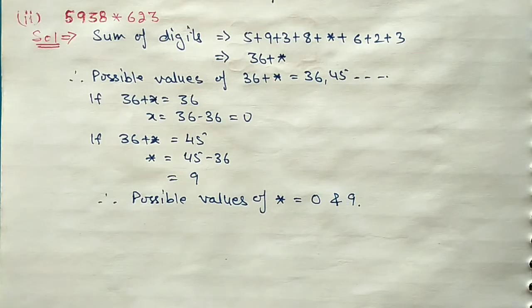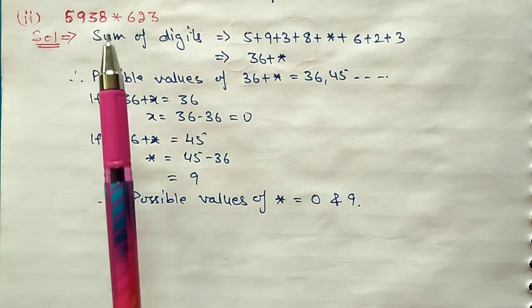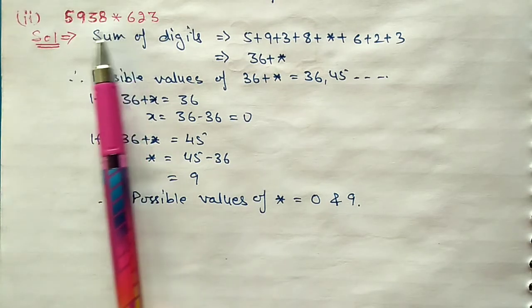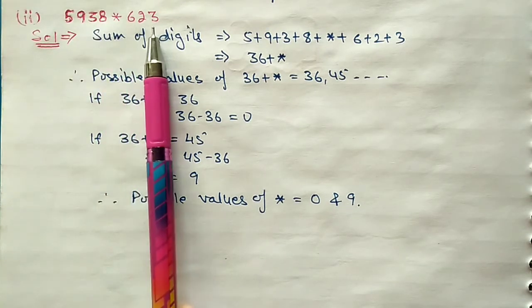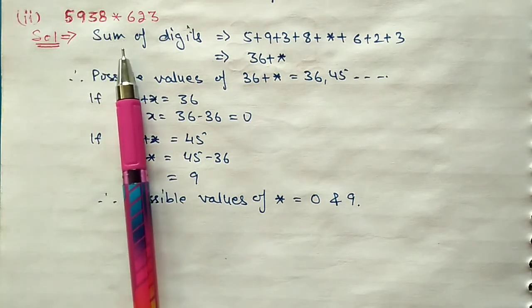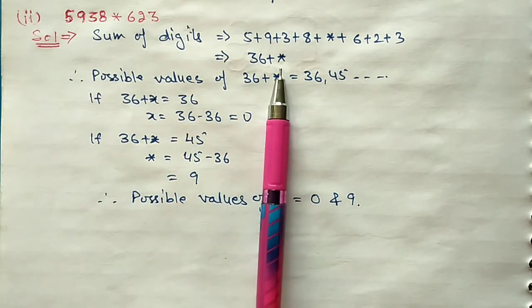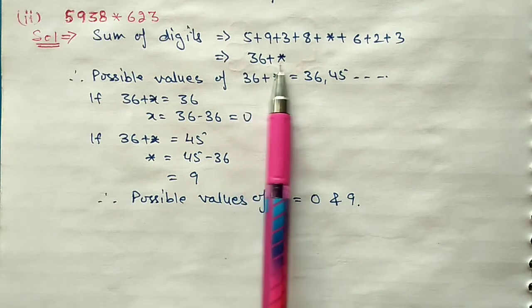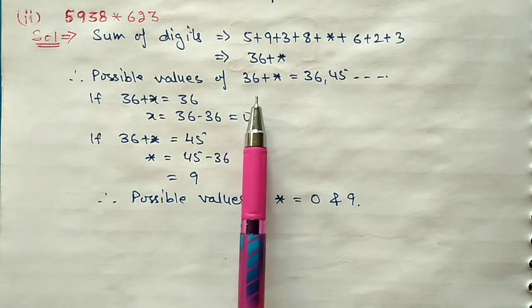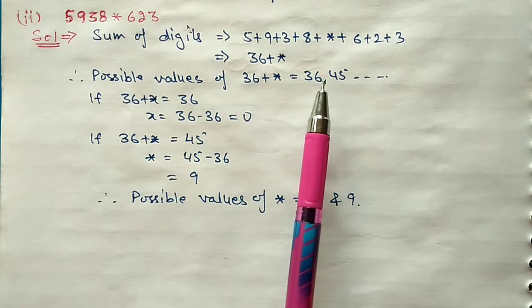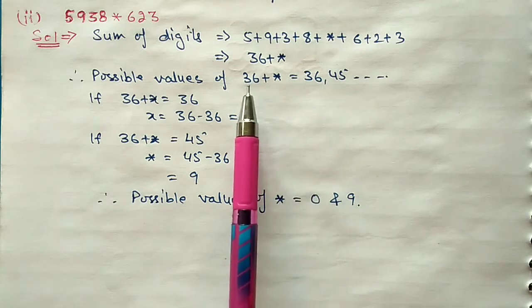Next second part, we have to check the possible values of star in this given number 5938 star 628. So for that first we will add all the digits. Our sum is coming 36 plus star and this sum should come in 9 table. So we will compare it with the multiple of 9, which is equal to 36 or after this.